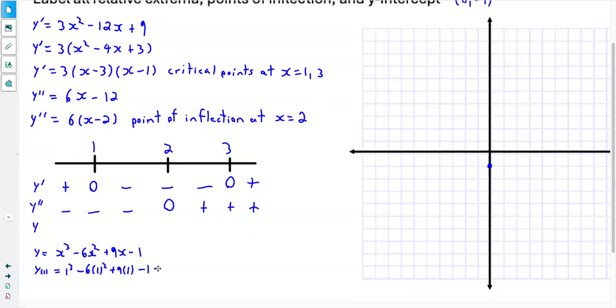And that should give us 3. So at 1, y has a value of 3. Next we'll do 2. When x is 2, we have 2 cubed minus 6 times 2 squared plus 9 times 2 minus 1. And that gives us 1. So at 2, we're at 1.